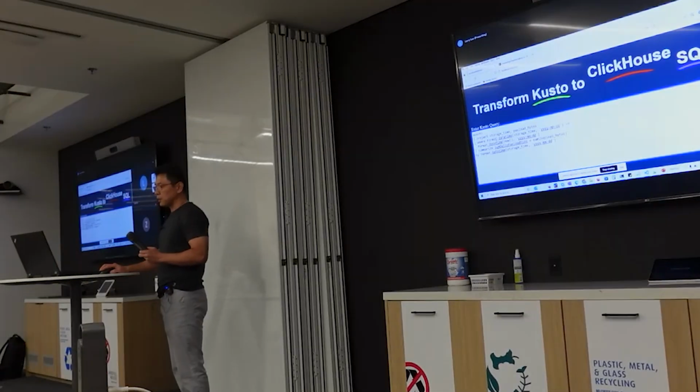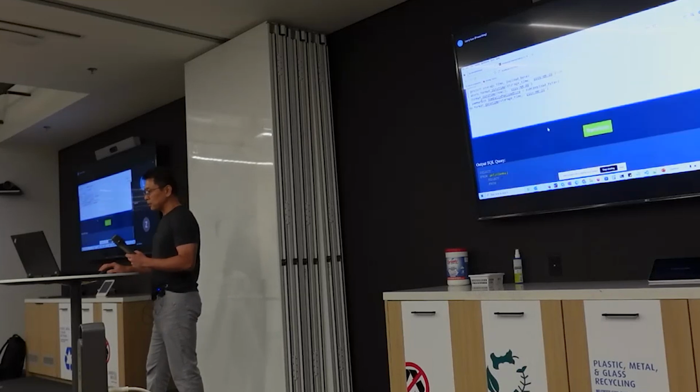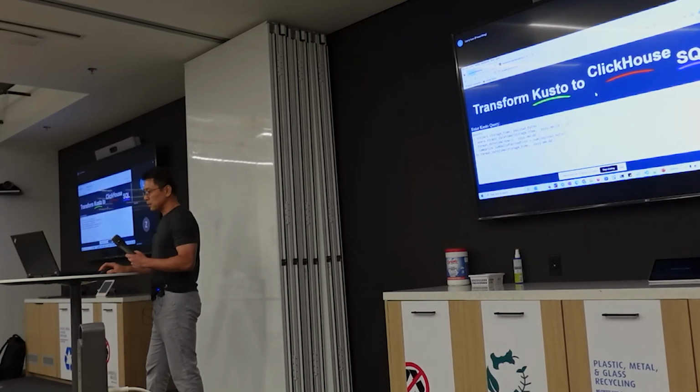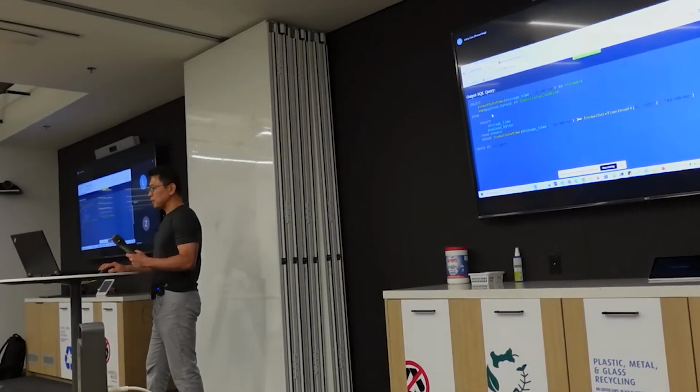Okay, so this is a query that uses filter, where is equivalent to filter, and summarize. Summarize is equivalent to SQL group by, kind of thing. If I run this, this is the equivalent SQL.